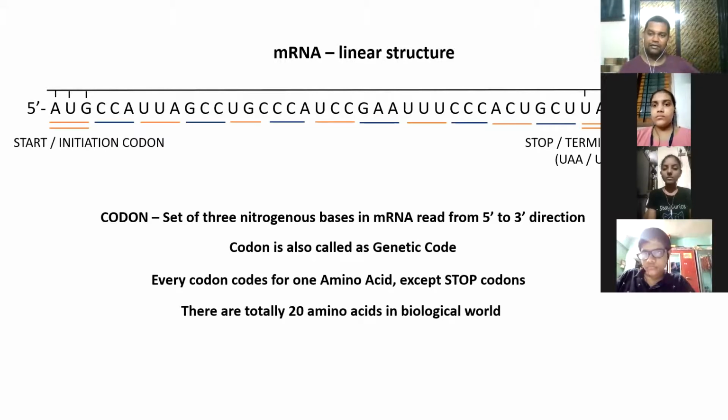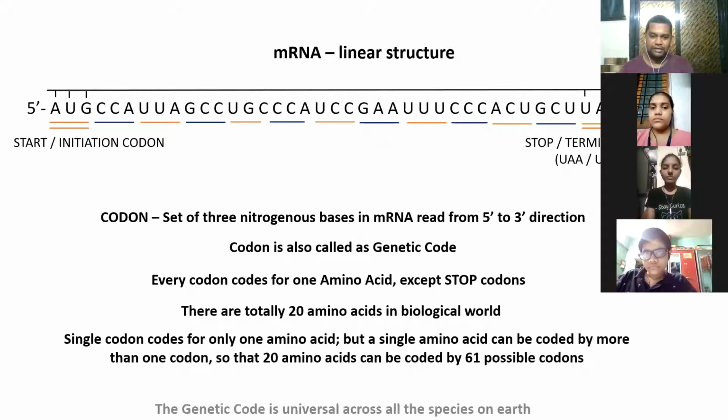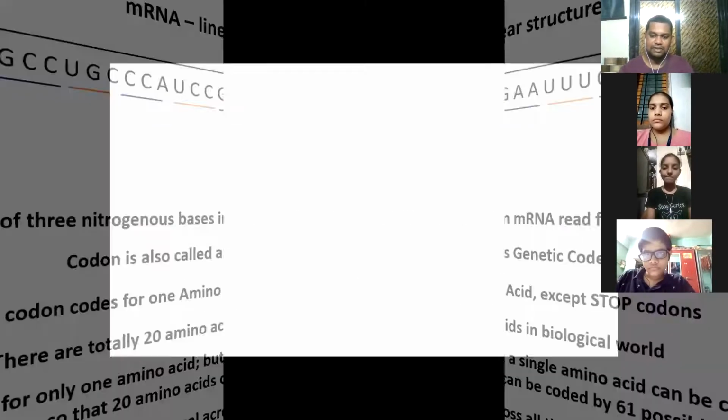And for protein, the raw material is amino acids. Getting it? So a DNA giving rise to a protein is possible only when there is an RNA present. DNA takes the help of the RNA. So we'll see that table once again.